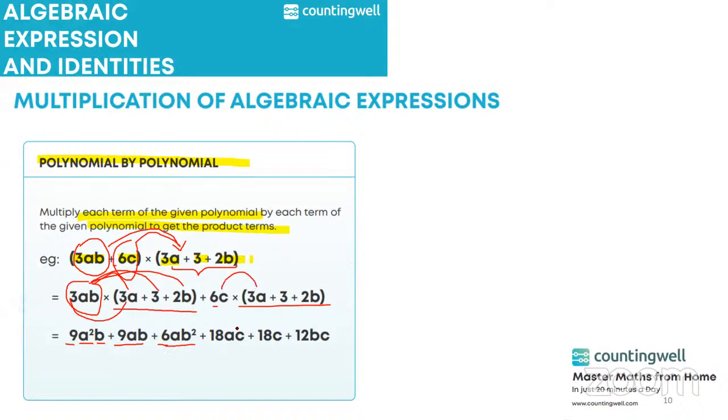Then 6c into 3, which is 6 3s are 18. a into c is ac. Then 6 3s are 18 c. Then we have 6 2s are 12 and b into c, which is 12bc.